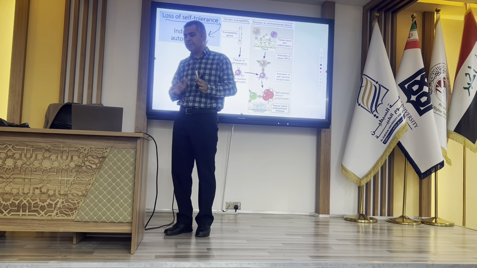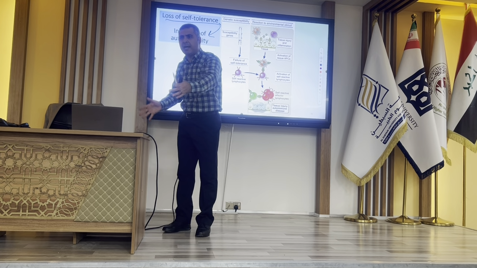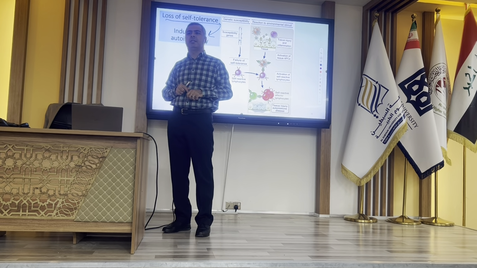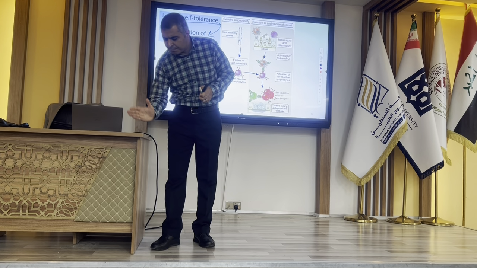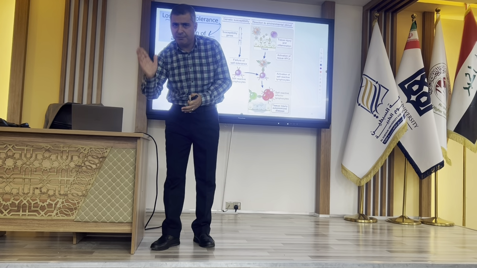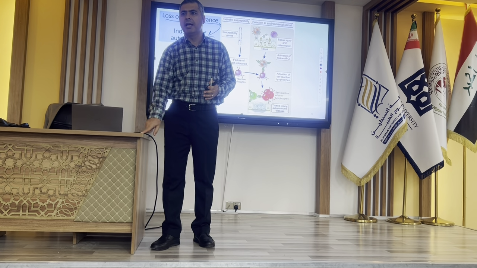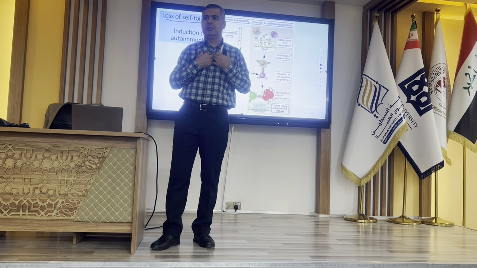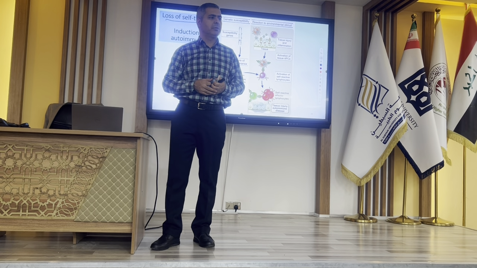What does that mean? It means that, for example, this antigen is a self-antigen and I have tolerance against it. But for any reason, this part is broken by something, so there is a change here. This change is not normal for me, and these changes can activate an immune response.